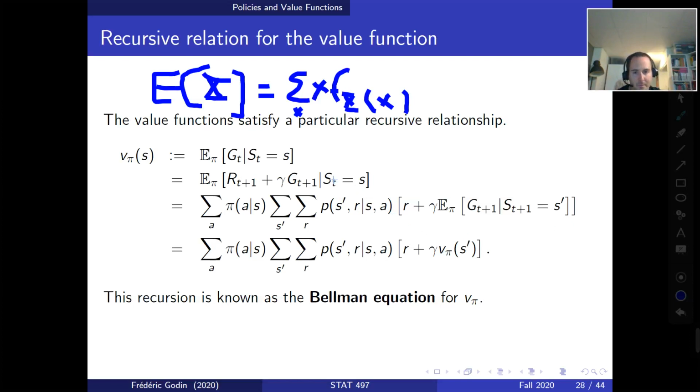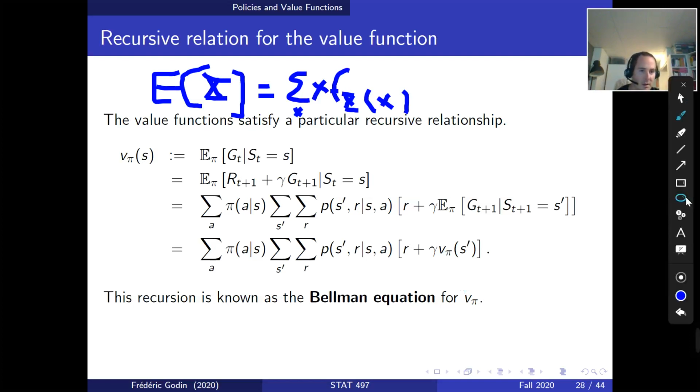Here this unconditional expected return becomes a conditional one given the next state, and the next state is denoted by S prime. And as we mentioned, this quantity here is the value function associated with policy pi at the next state S prime.